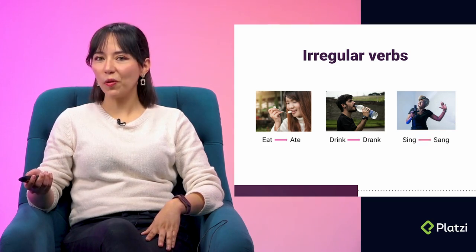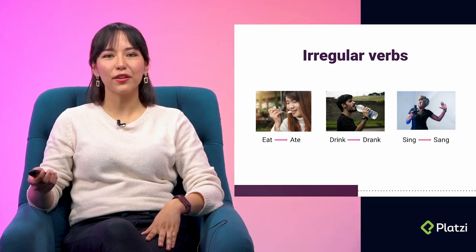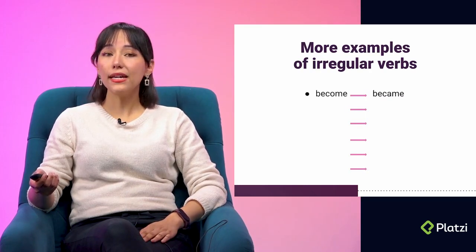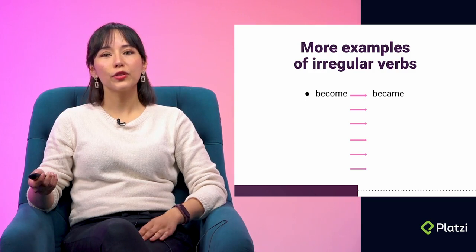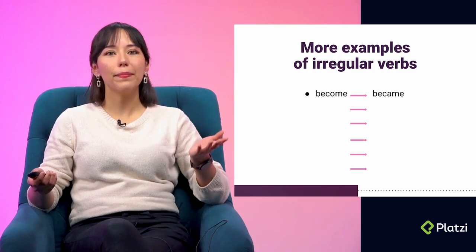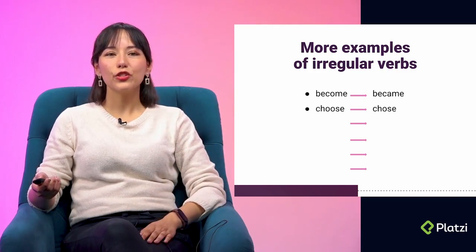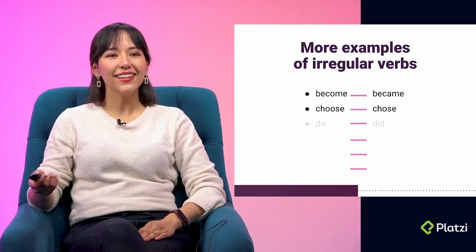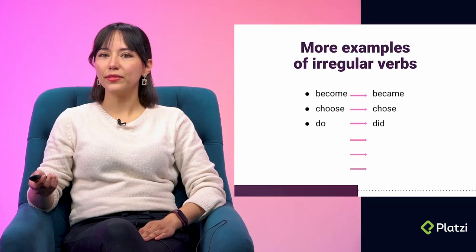Let's see more examples of irregular verbs. Here we have become, which transforms into became. Choose becomes chose. Do becomes did.